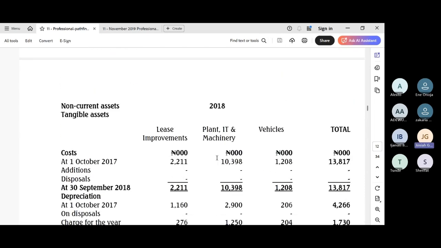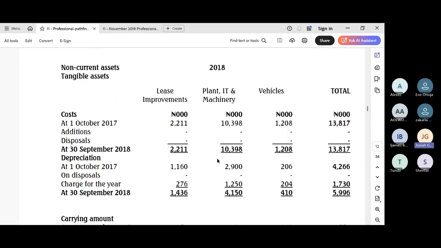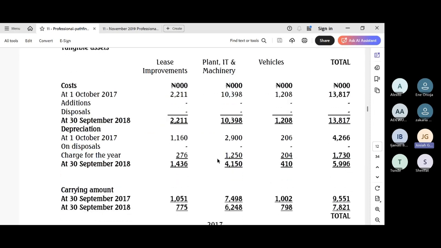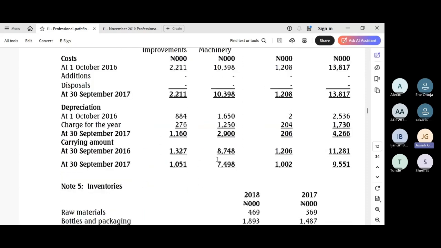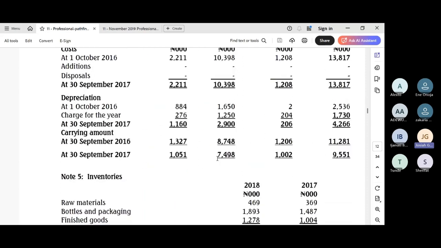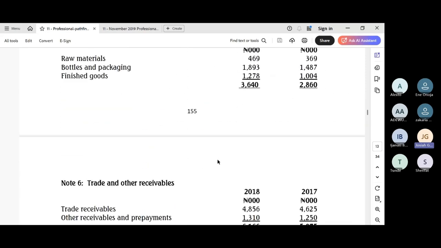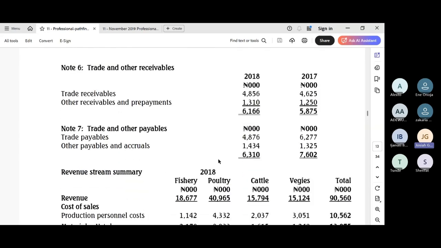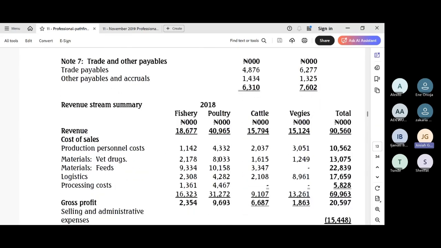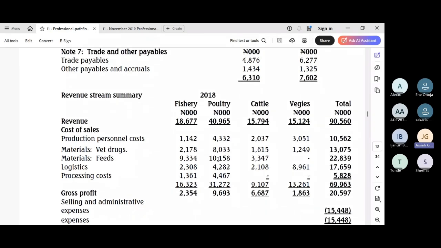Note 4 is on the non-current assets and the asset register, movements of cost, depreciation, and the carrying amount of the assets. We also have that of inventories. We have trade receivables. Note 7, we have trade and other payables. Then we have the revenue stream summary of 2018 provided.